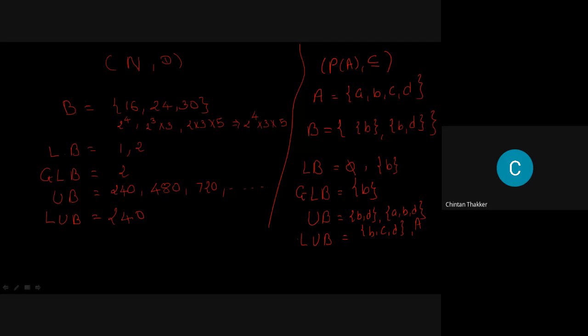The least upper bound is {b, d}, with A being the greatest element of the coset.